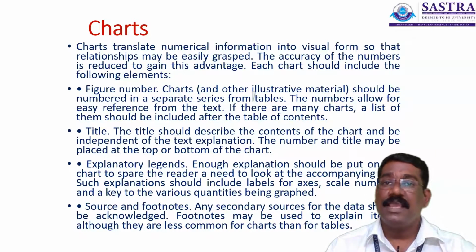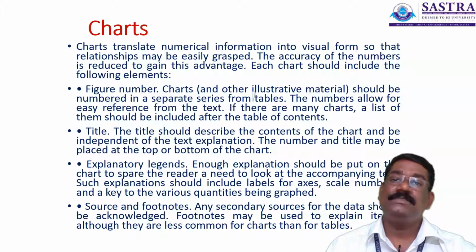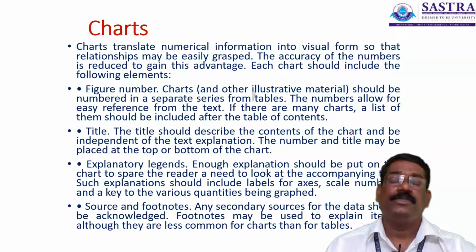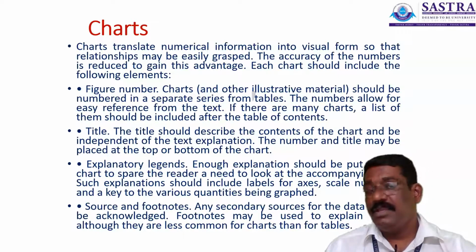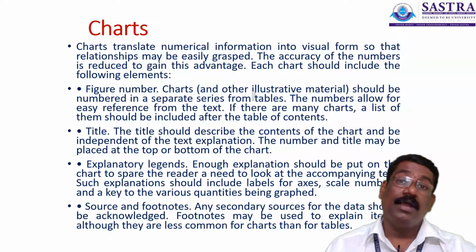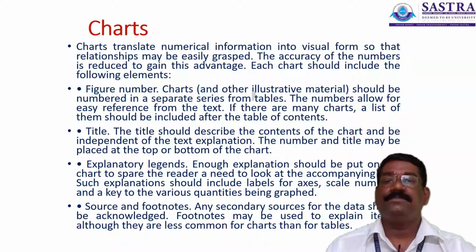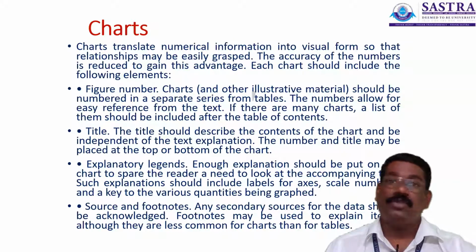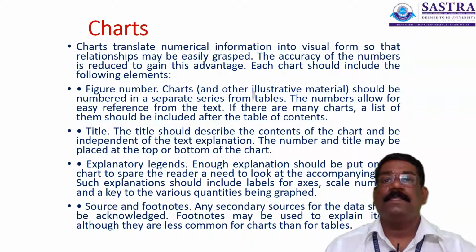The next one is the explanatory legends. Enough explanation should be put on the chart to spare the reader a need to look at the accompanying text. Such explanations should include labels for axes, scale numbers, and a key to the various quantities being graphed.